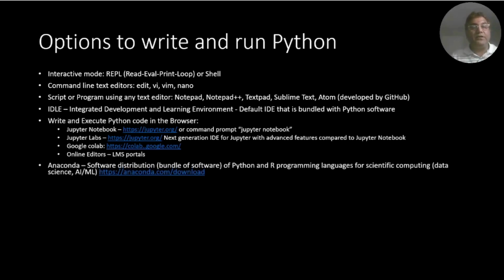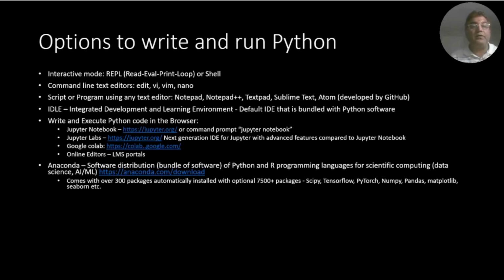The next one is very popular again in the Python world. Anaconda. Anaconda is also available. It's a Python distribution for Python and R programming languages where many packages are available. If you just install Python, you get only some set of packages. But with Anaconda, you will have, I think, thousands of packages available. It comes with over 300 packages, right?